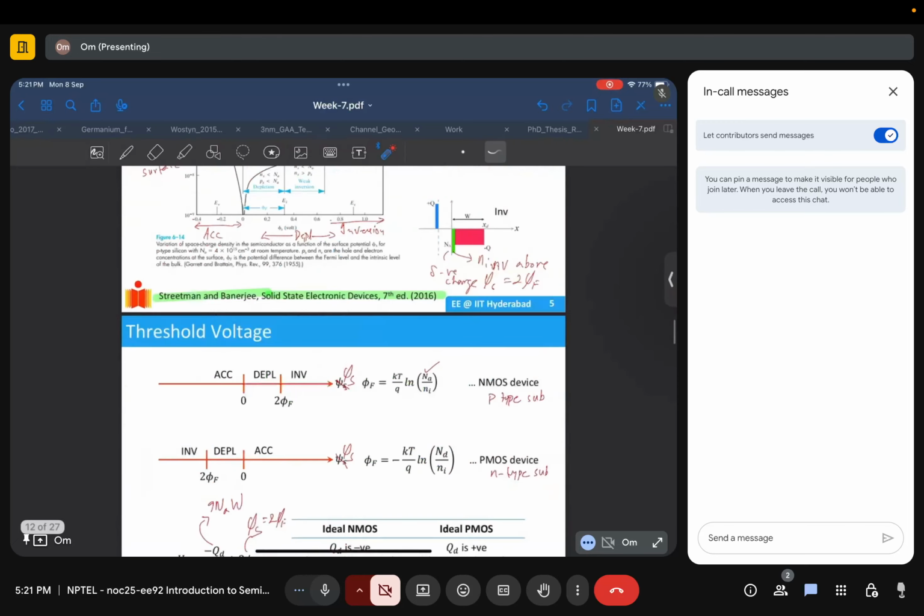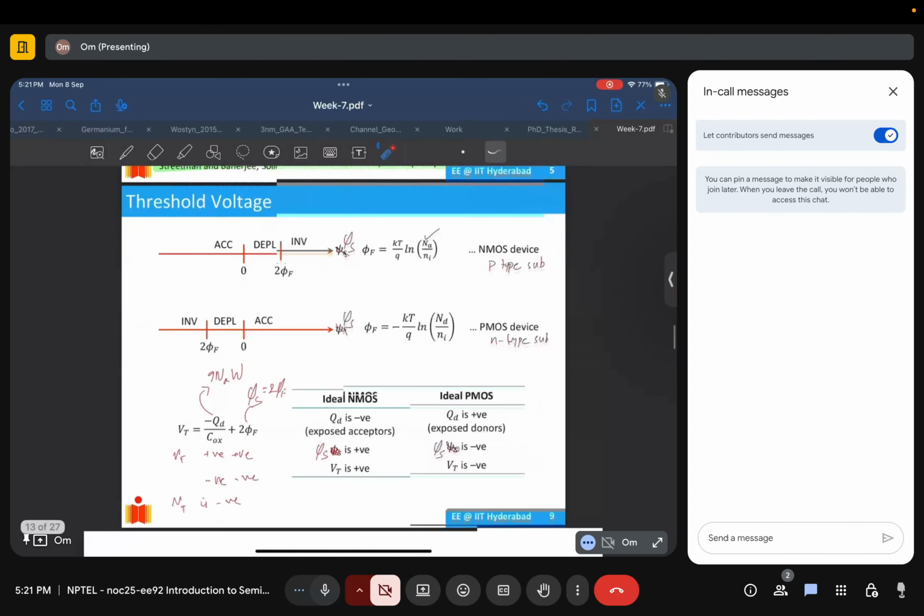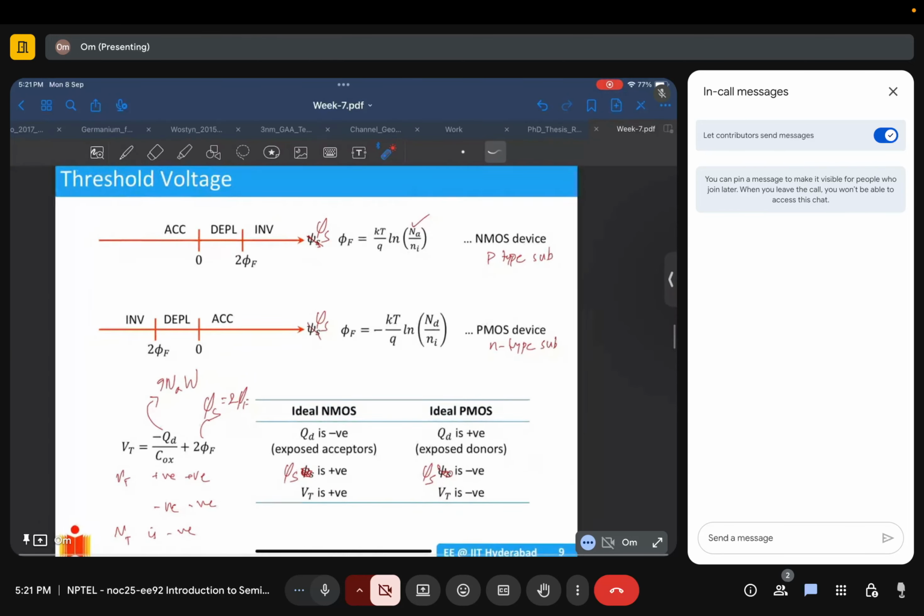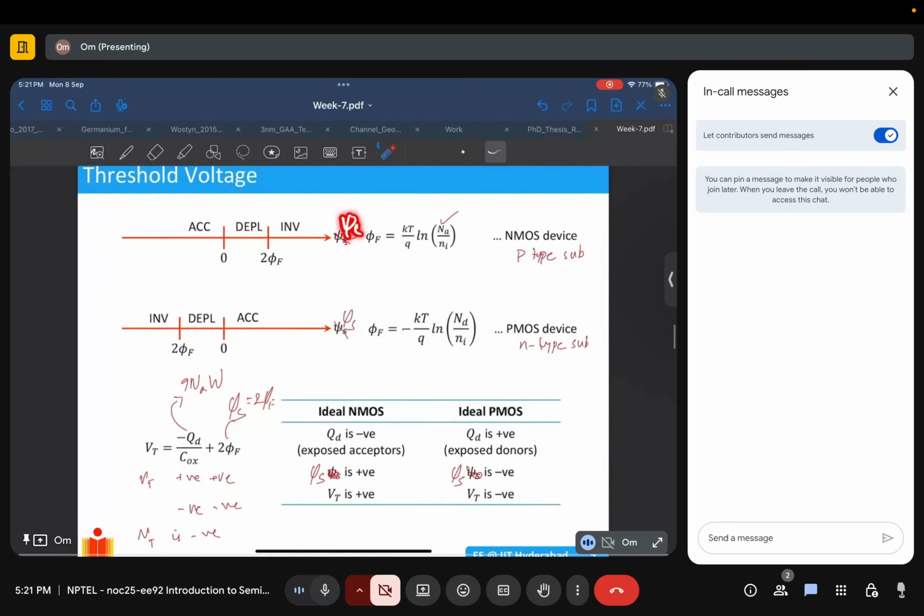Okay. So, this just shows you what psi s versus how your transition is. So at psi s equals 0, this is flat band condition.